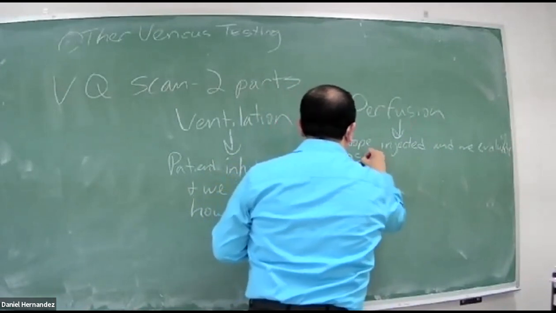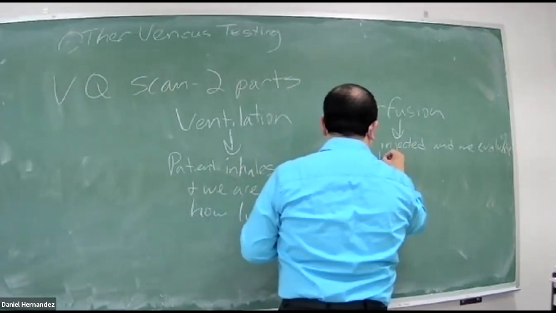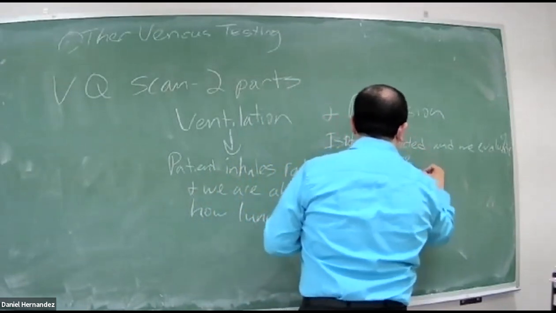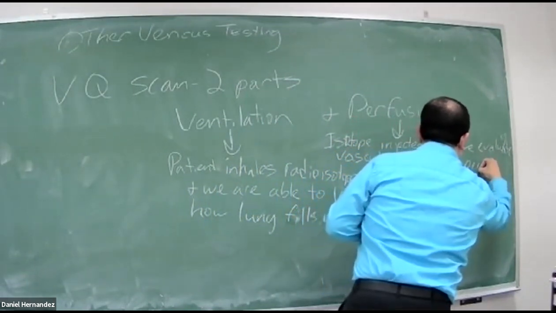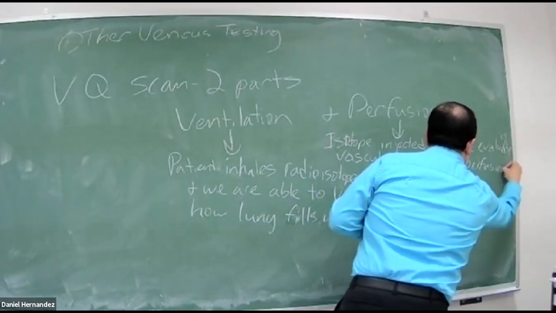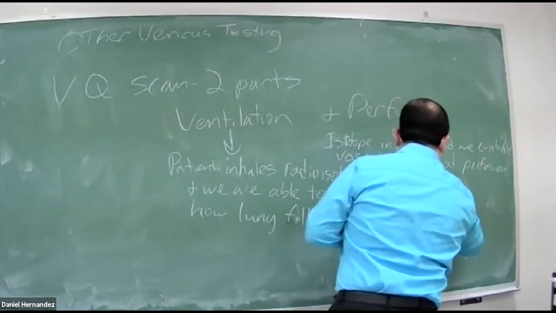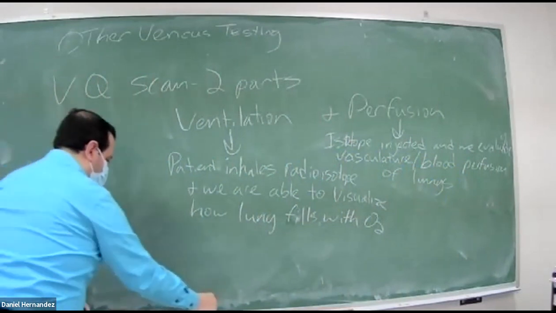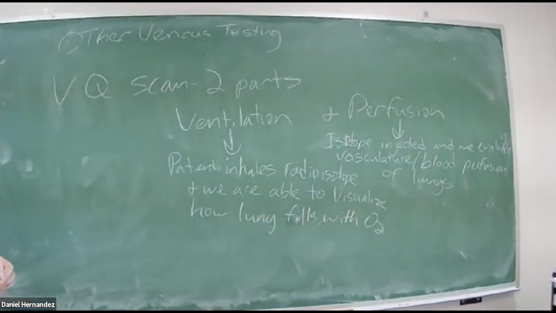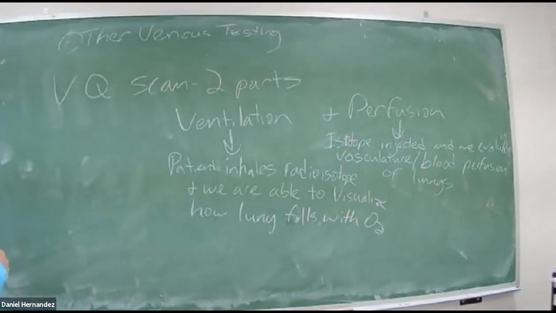So with this portion, we're evaluating the blood perfusion to the lungs. So with this test, they put those two components together and they determine how likely it is that the patient has a pulmonary embolism.